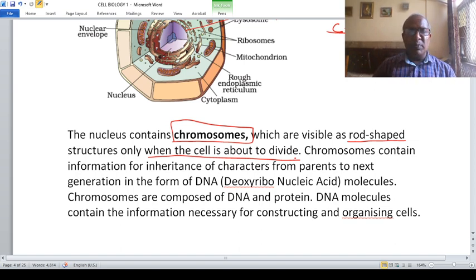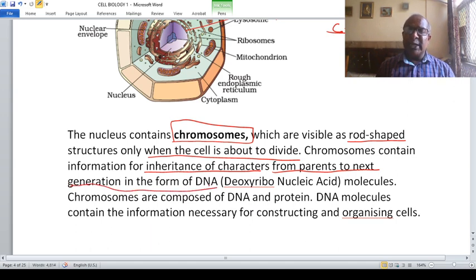These chromosomes contain genetic material, that is DNA. They carry the information for inheritance of characters from parent to the next generation in the form of DNA.